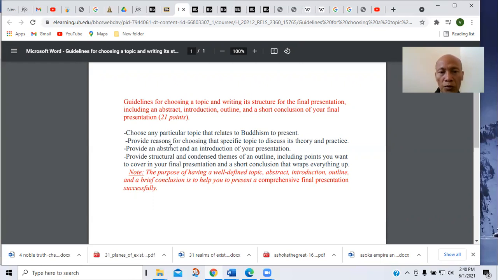So you provide the reason why you choose this topic, provide an abstract and introduction, provide the structure and condensed theme of the outline, and a short conclusion that wraps up everything. The purpose of having a well-defined topic, abstract, introduction, outline, and a brief conclusion is to help you better prepare for a comprehensive final PowerPoint presentation successfully.